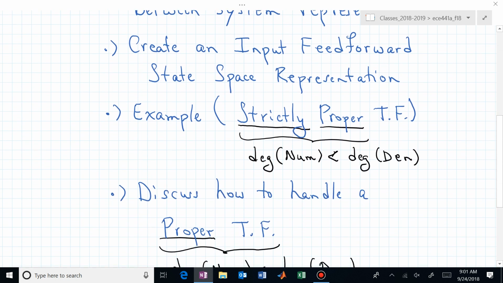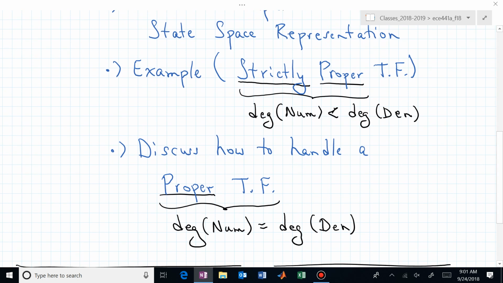We'll look at an example of that for a strictly proper transfer function, which is when the degree of the numerator is strictly less than the degree of the denominator. Then we'll discuss how to handle a proper transfer function, when the numerator degree equals the denominator degree.